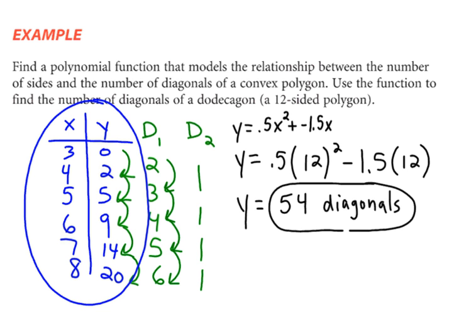Now, of course, if our first set of differences would have resulted in a constant value, then it would have been a first degree polynomial, and we would have run linear regression on the calculator. If it took the third set of differences to give us a constant value, then that would have been a third degree polynomial, and we would have run cubic regression on the calculator.